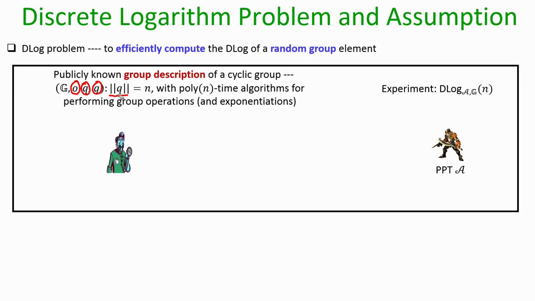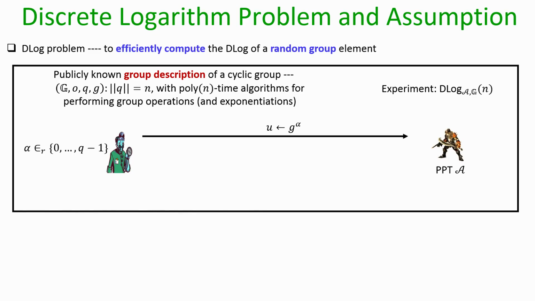So, the rules of the experiment are as follows. The challenger, or the experiment, picks a random index alpha in the range 0 to q minus 1, and once it picks the index alpha, it computes the value u, which is g to the power alpha, and gives it to the adversary.